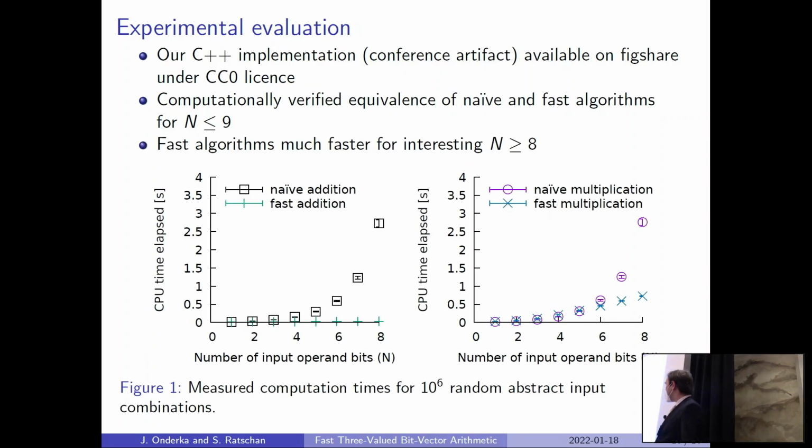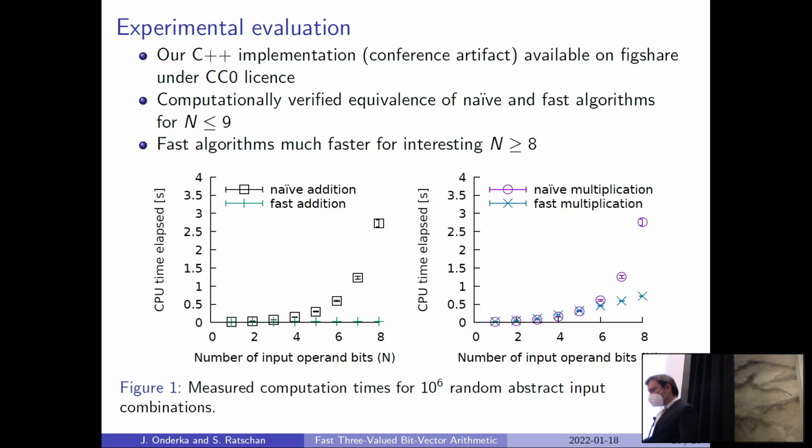Now, if you look at figure 1, we can see that, based on the number of input operand bits, the naive algorithms, both addition and multiplication, perform completely exponentially. And these are completely naive algorithms, just treating every possibility and then filtering them. But that would give a similar result. It would be exponential either way.